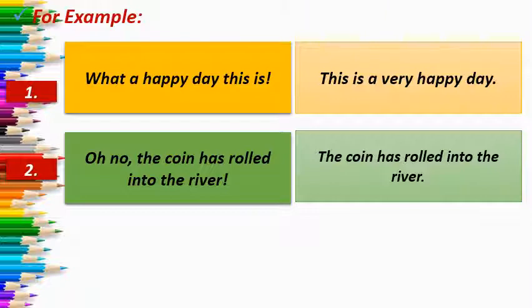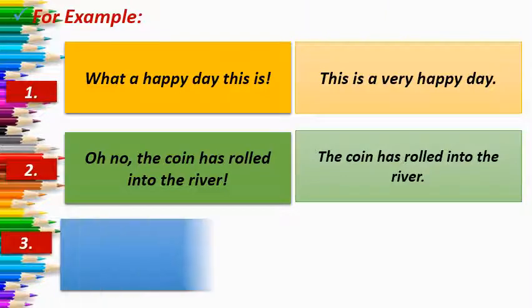At last, full stop. Means we have to remove exclamation word, interjection words which are showing us strong feeling, and we have to remove exclamation mark also. Instead of that, we have to put full stop to make assertive sentence, declarative sentence, simple sentence.